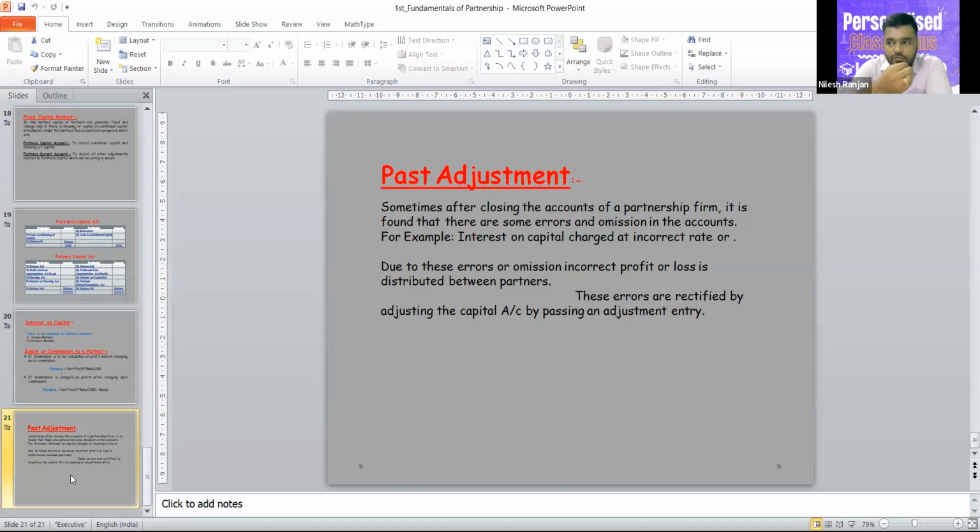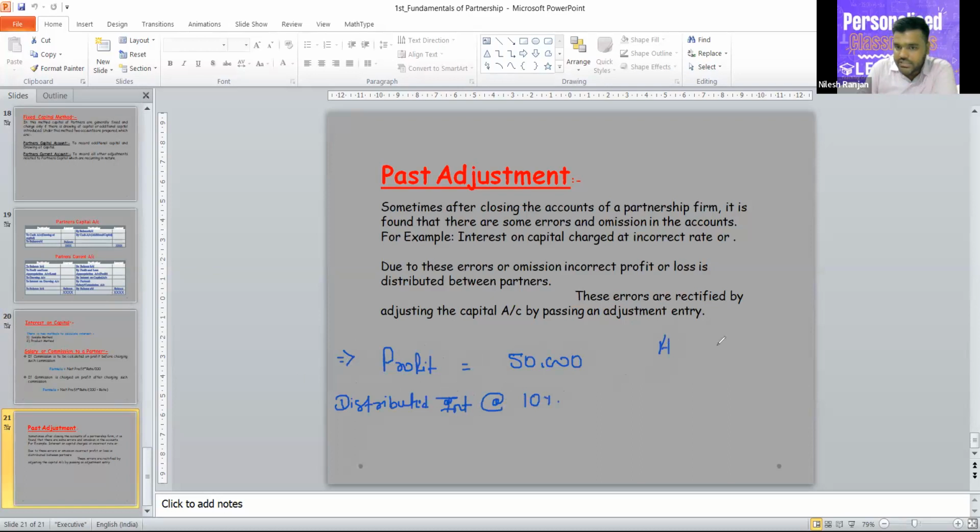Because if we have to receive one thing from the partner, then we also have to pay one thing to the partner. Like, let's say, for example, we have given wrong interest. Our actual profit was 50,000. And we have already distributed interest at the rate of 10%.